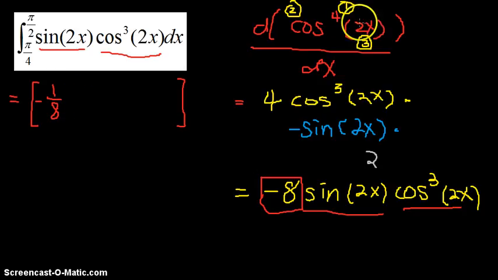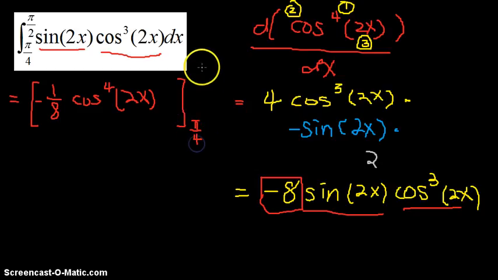And then I'm going to put cosine 2x to the power 4, and then I'll put down the lower and upper bounds, pi over 4 and pi over 2. I hope you guys are still following. There's quite a lot of thinking to do here.